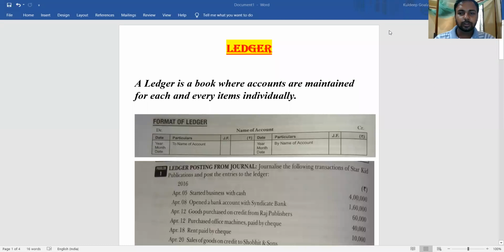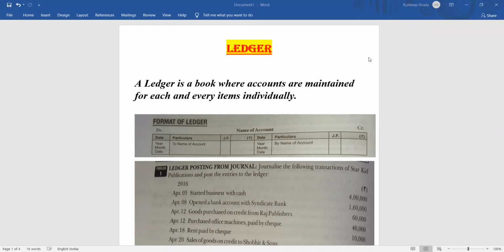Then we move after ledger to the trial balance, and then trial balance to the final accounts, where we solve all the items before adjustment and after adjustment. Subsequently I'll be teaching that. Okay, so today we are in the second step of our accounting cycle, that is ledger.